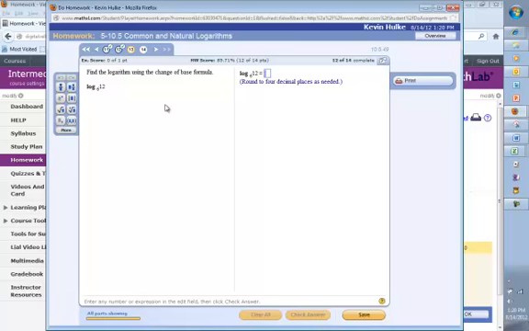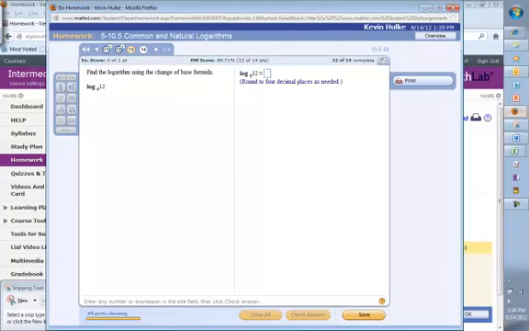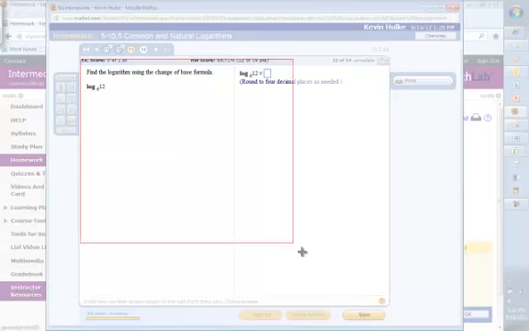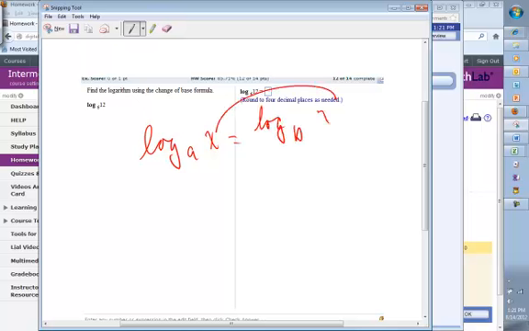All right, use the logarithmic change of base formula. Logarithmic change of base formula, which is, let's see, page 606, which says the log base a of x is the log base b of x over the log base b of a.